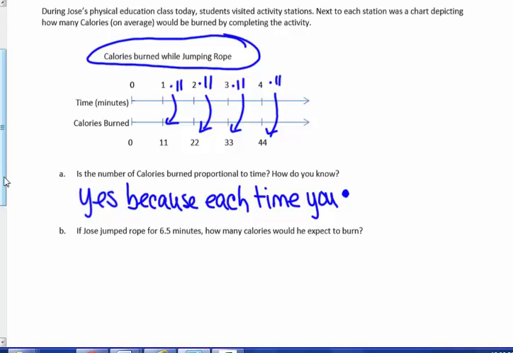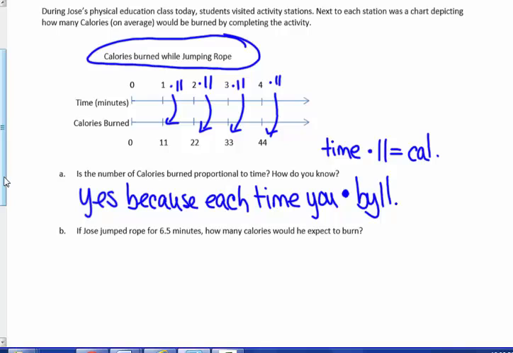If you multiply your time times 11, you get your calories. So, in short, time times 11 equals calories. That rule worked every single time.